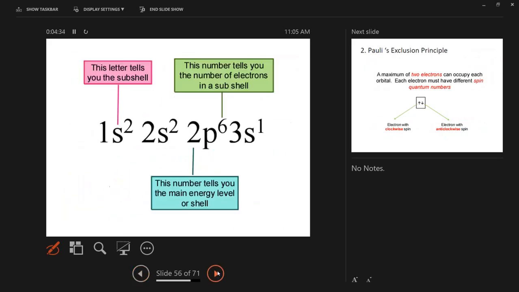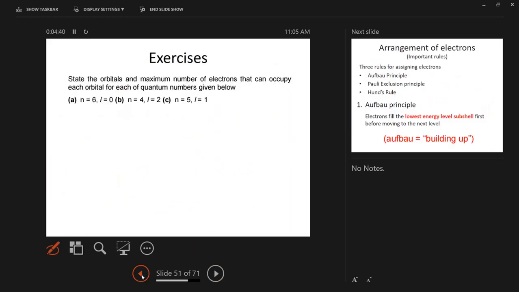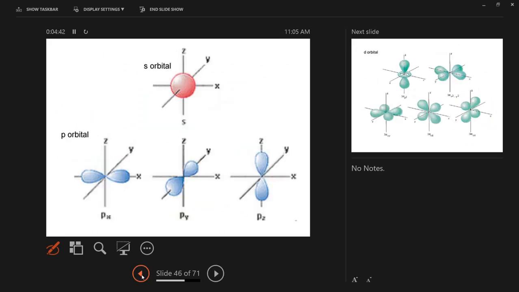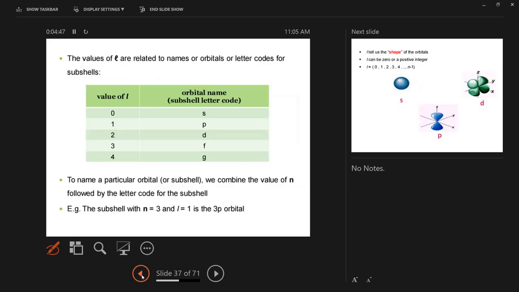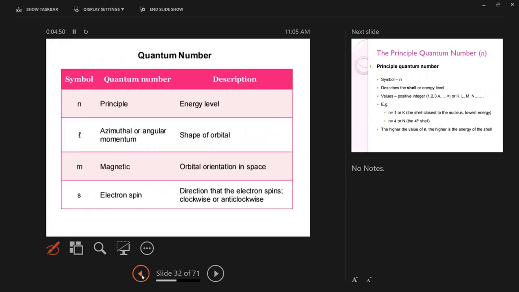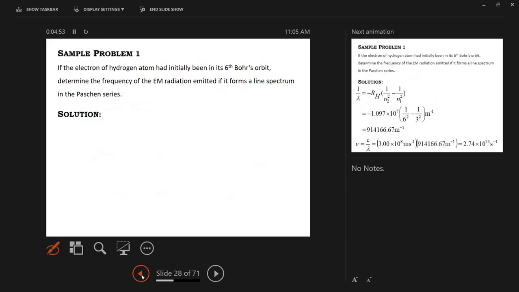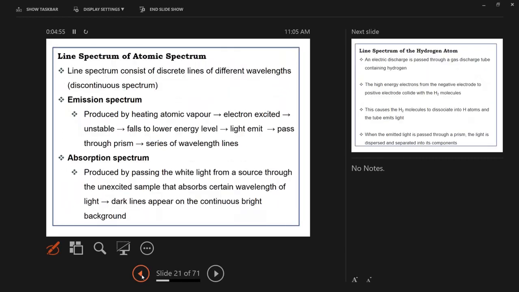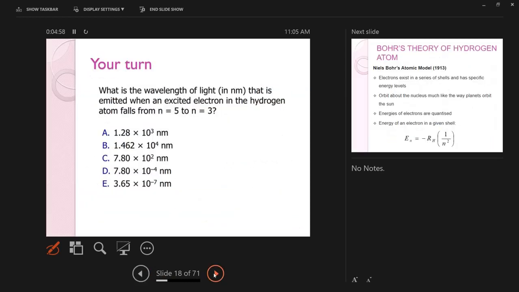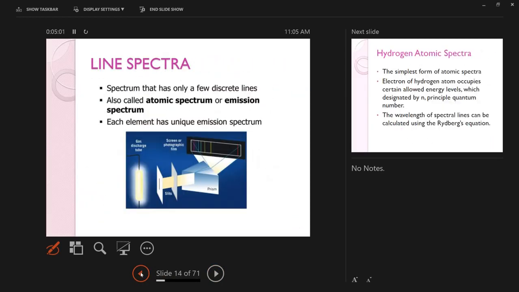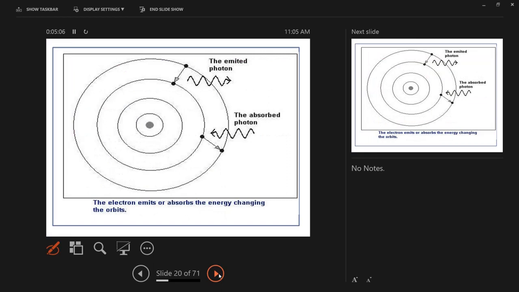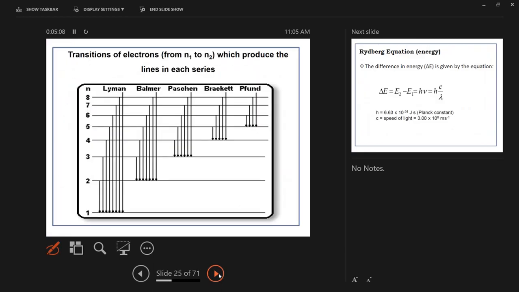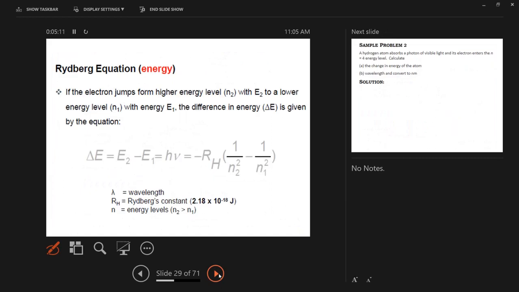Masih ingat lagi? Hund's rule. Hund's rule states that what? What is Hund's rule? Tengok balik dekat Hund's rule lah.